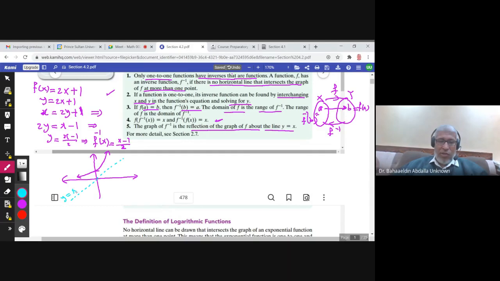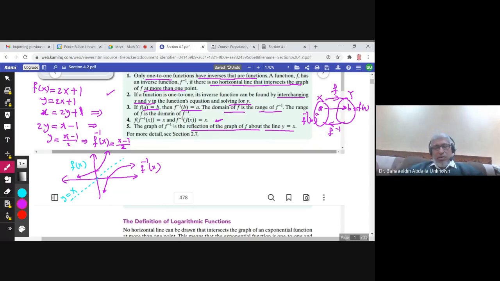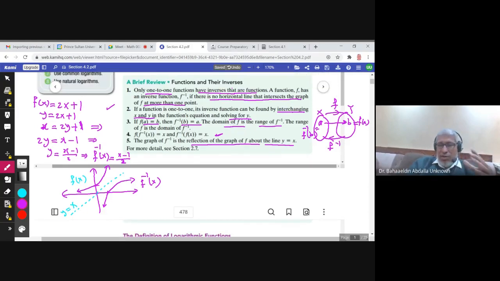If you reflect the graph of f of x about the line y equals x, you get the graph of f inverse. So if this is the graph of f of x, this is the graph of f inverse of x. So these are properties, relations between f and f inverse.